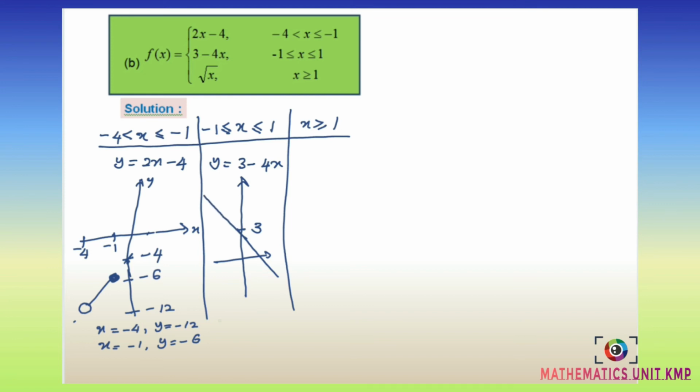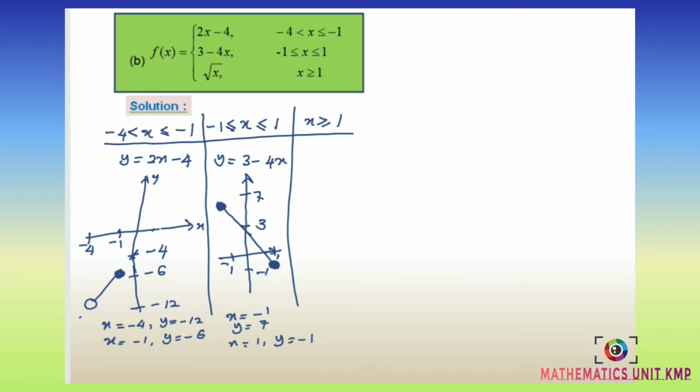Refer to the limit of x: when x equals -1, y equals 7, and when x equals 1, y equals -1. We can delete the unrelated line.